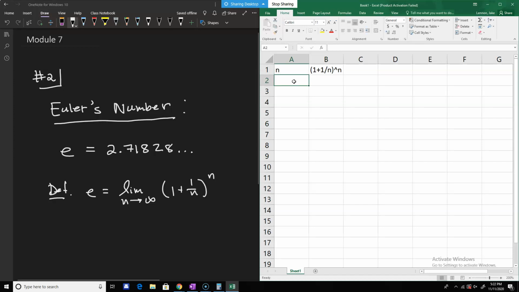And in Excel, we could enter, let's say, 1, and then we could double: 1, 2, 4, 8, 16. If we show it the pattern, usually you can extend it.